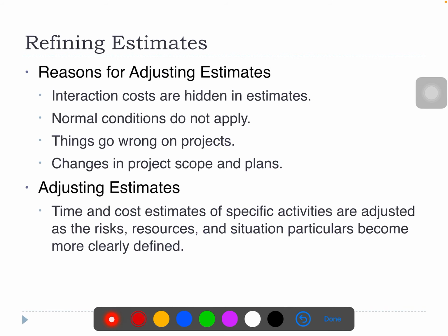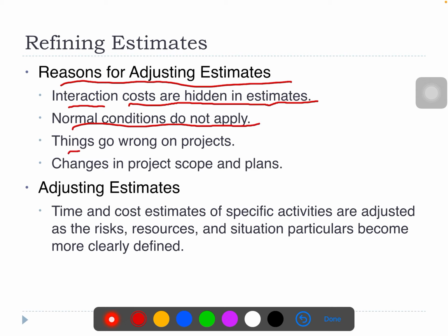Refining estimates, you need to reason out for adjusting estimate, where you can see the interaction between costs that are hidden in the estimates, the normal conditions that do not apply, the things that might go wrong on projects, and changes in project scope and plans. You also sometimes need to adjust estimates. Why?